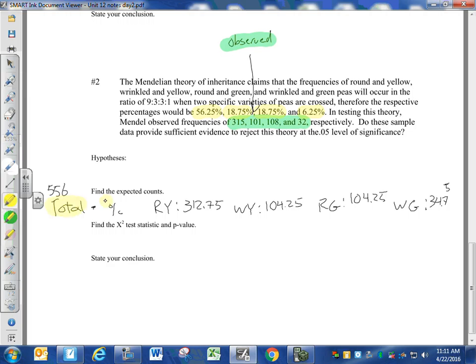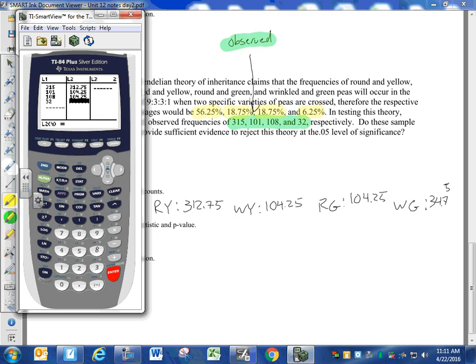Total by your percents. I expect 56.25% of my peas to be round and yellow. Total times the percent gives you the total of that. Okay, so we have 34.75 is the last one.